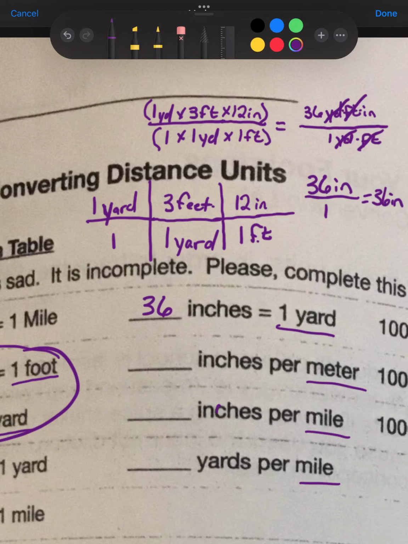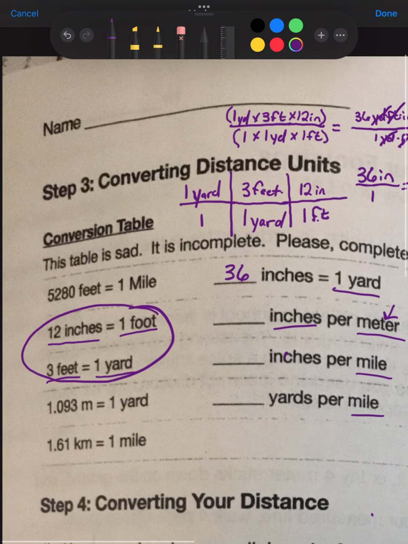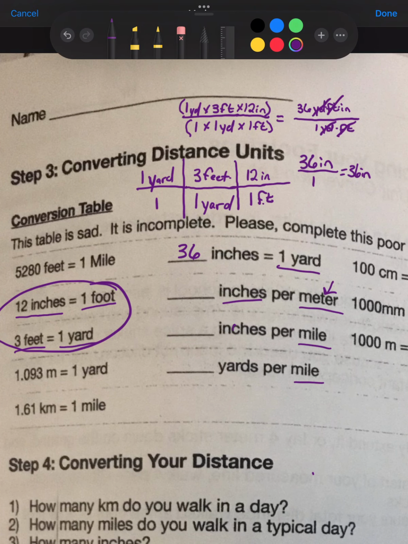Now, it's asking the next question. How many inches in 1 meter? So, for that, what we can do is come down here and take a look at our conversions. Now, I want to tell you something. Mr. Clemens made a mistake when he made this worksheet, and he forgot to correct it.